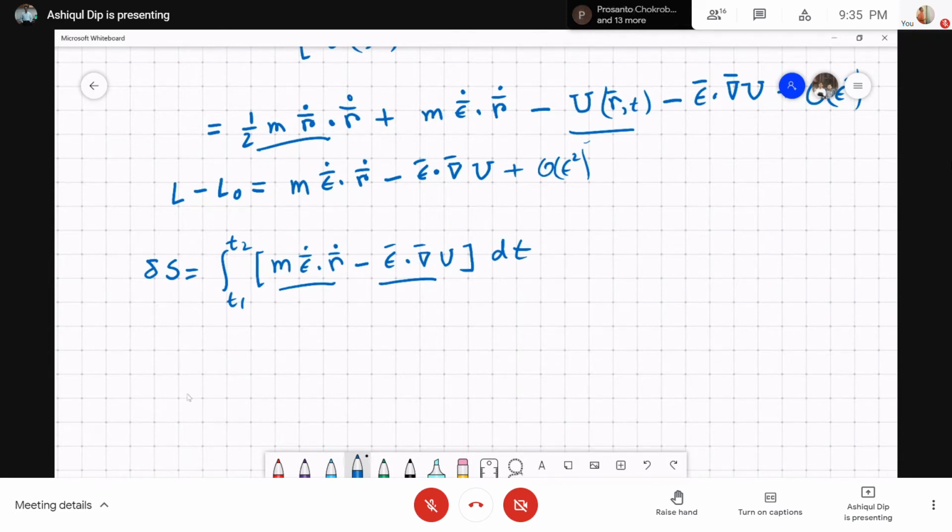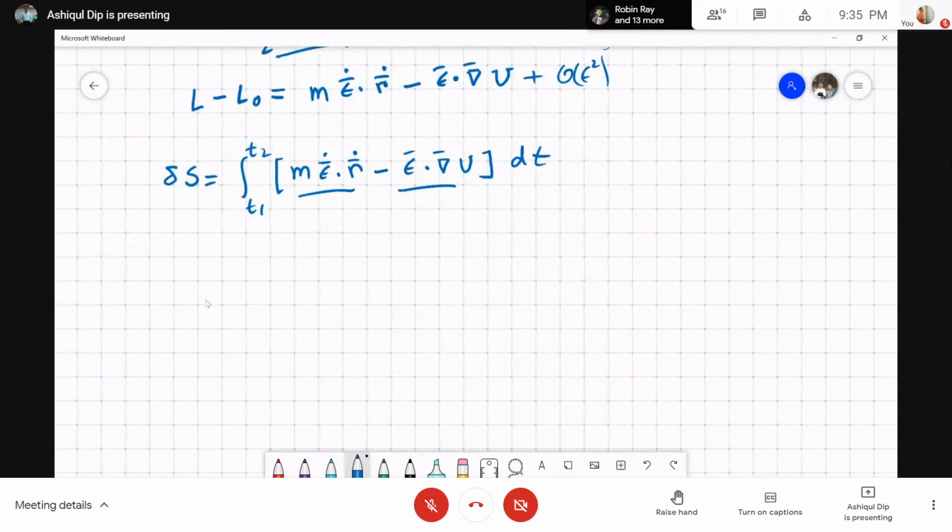If you do that, integrating epsilon gives you M r dot epsilon vector evaluated from t1 to t2, minus M integration t1 up to t2.